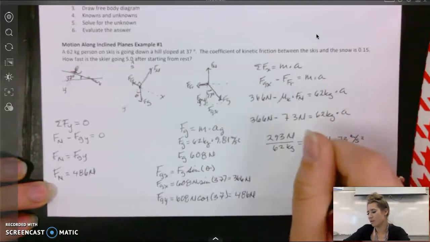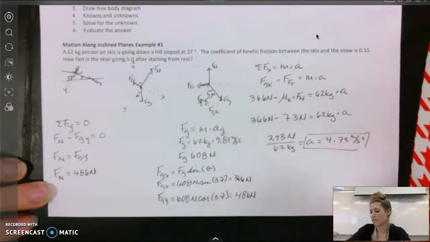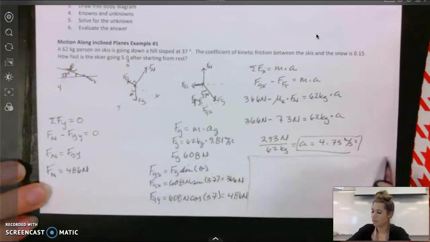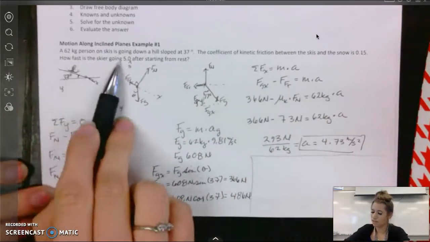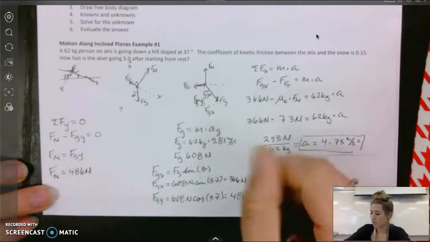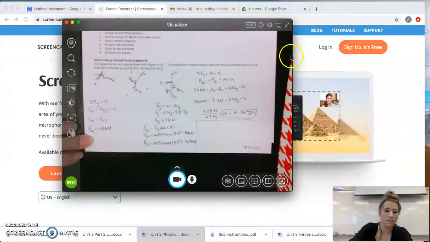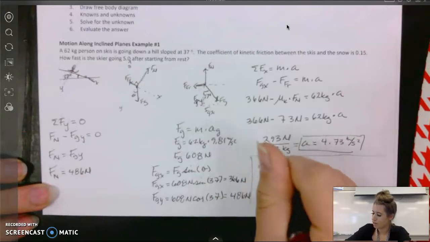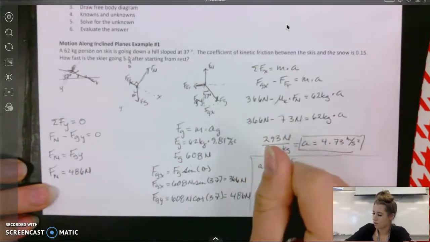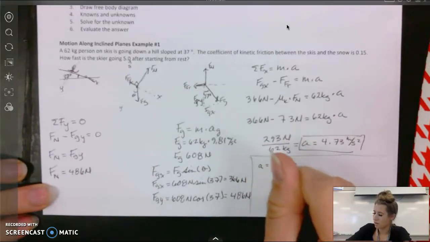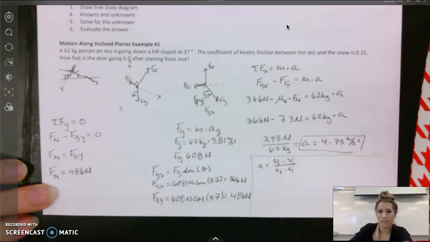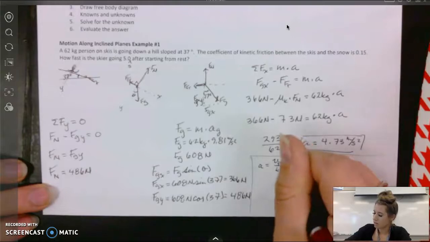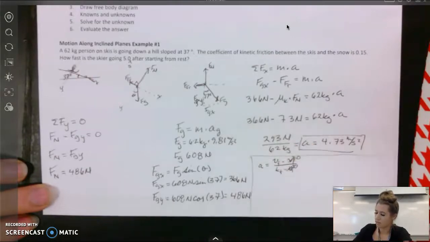Okay, so we know the acceleration. So now we can do this last little part. Because it didn't ask for the acceleration, it said how fast is the skier going after 5 seconds. Well, let's see where we're at time-wise. Yeah. We have acceleration is a change in velocity, velocity final minus velocity initial, divided by time final minus time initial. It says that they're starting from rest. After starting from rest, velocity initial is 0. Time initial is 0.